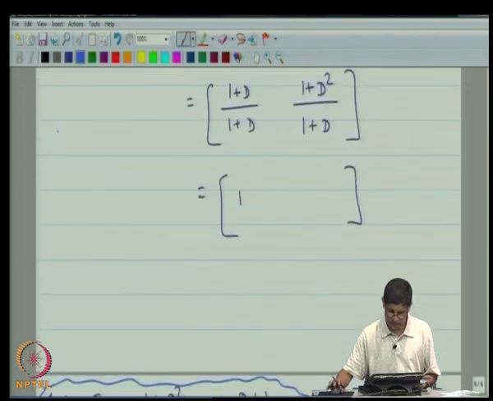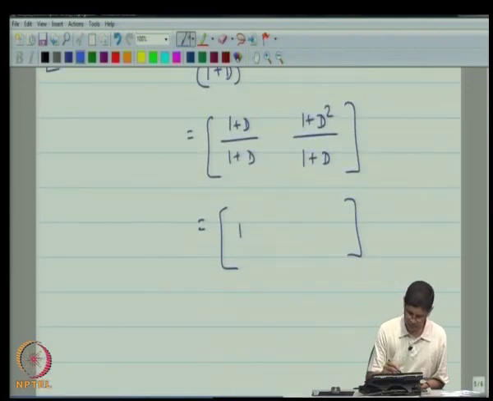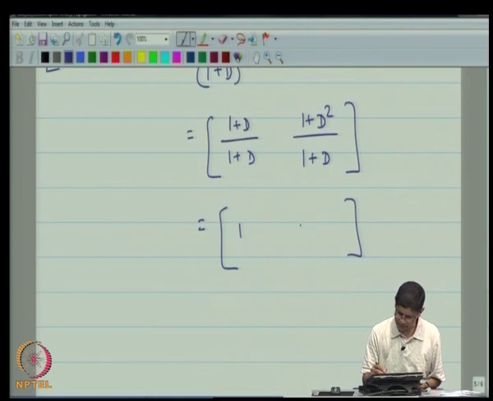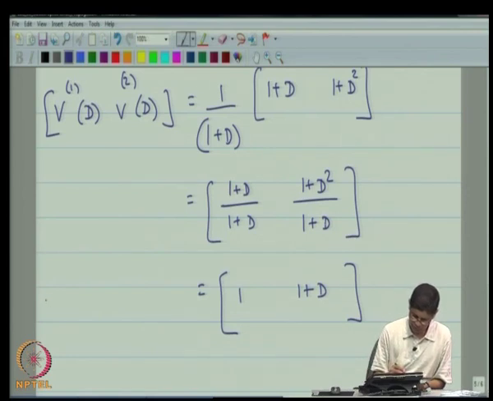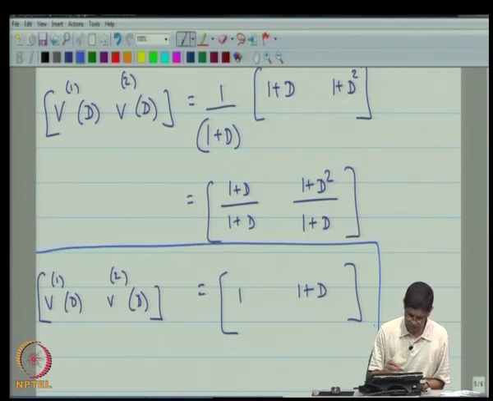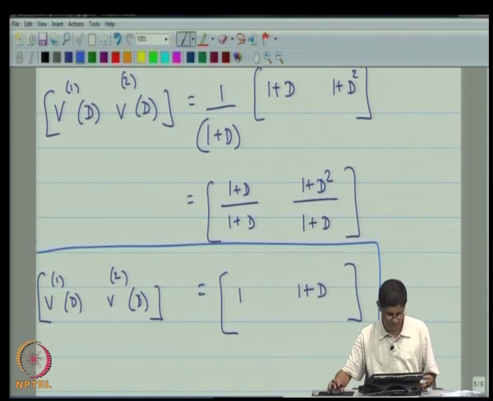Now, let us go back in here. So now we know that this is 1 and this is 1 plus d. So, this is your V1 of d and V2 of d. Now, this is actually very bad, and you look at this and say, well, it is not clear to me why this is very bad.